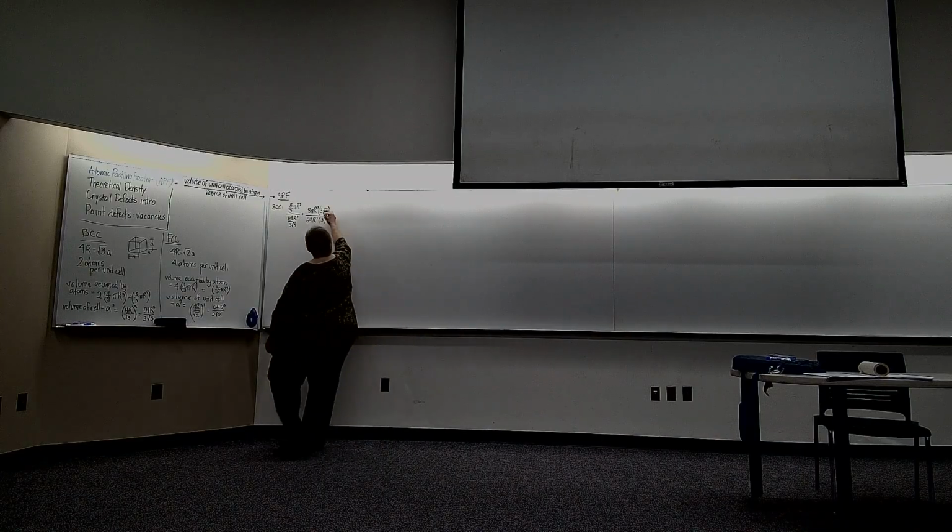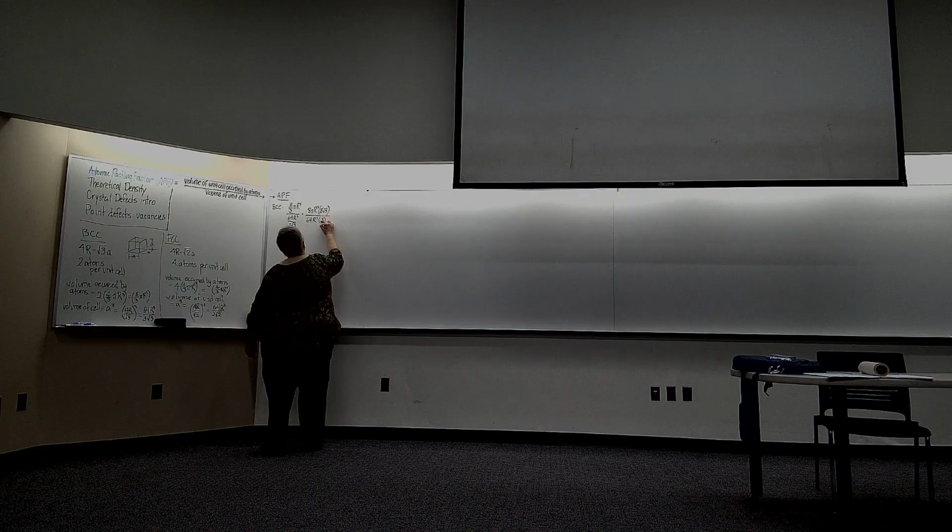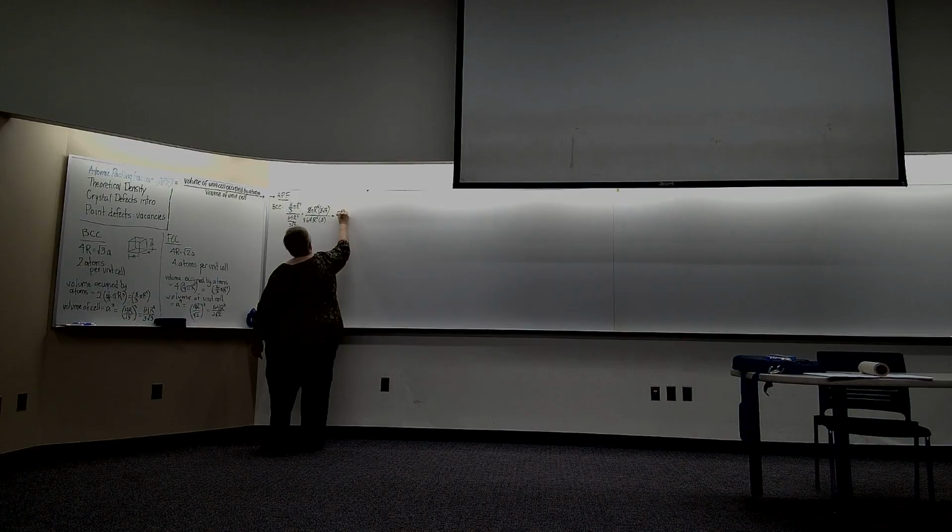So then cancel these 3's and r cubed. Take this 8 out and make this an 8. And so I get the square root of 3 pi divided by 8.